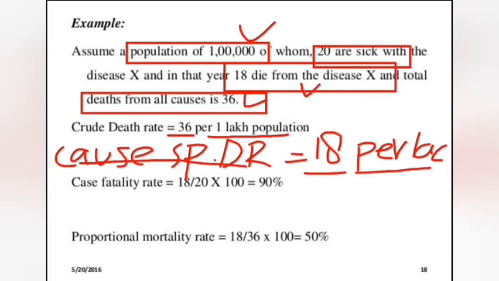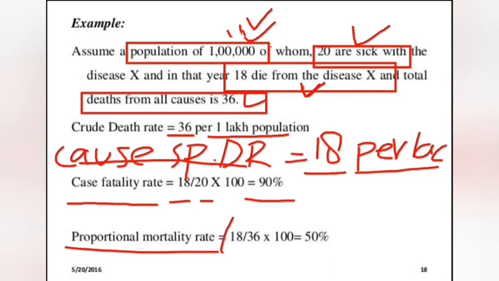When we talk about case fatality rate, it would be deaths from a specific cause over the number of cases diagnosed with that disease, meaning 18 who died from disease X and 20 who were diagnosed with the disease X. It would be 90%, meaning this disease has a 90% killing power. So the proportional mortality rate would be deaths from disease X, meaning 18, over deaths from all causes, 36. It would be 50%.